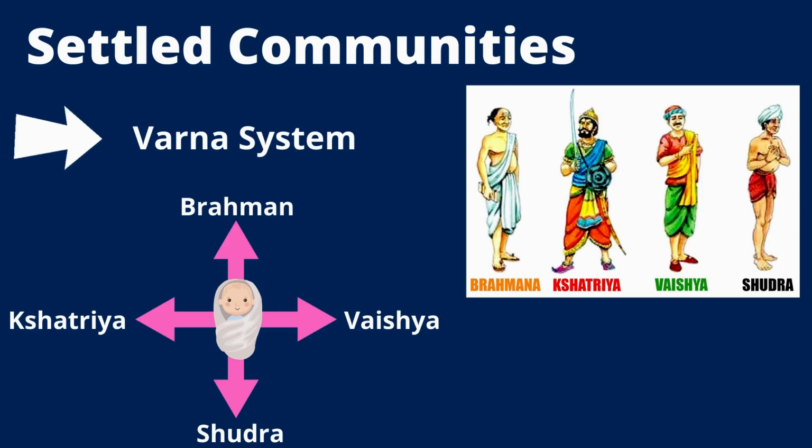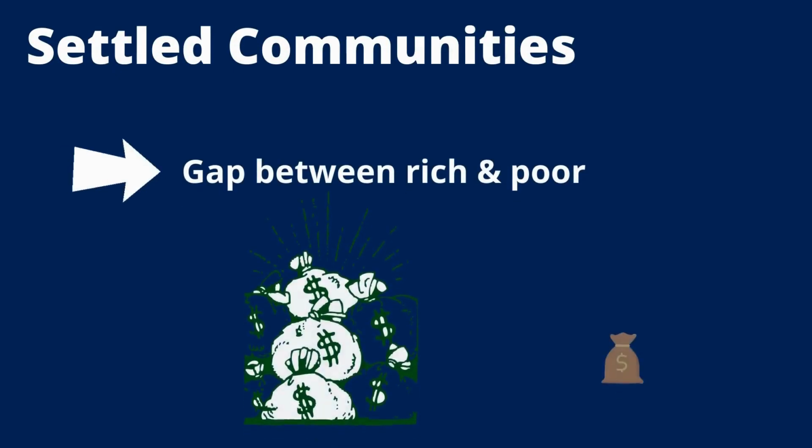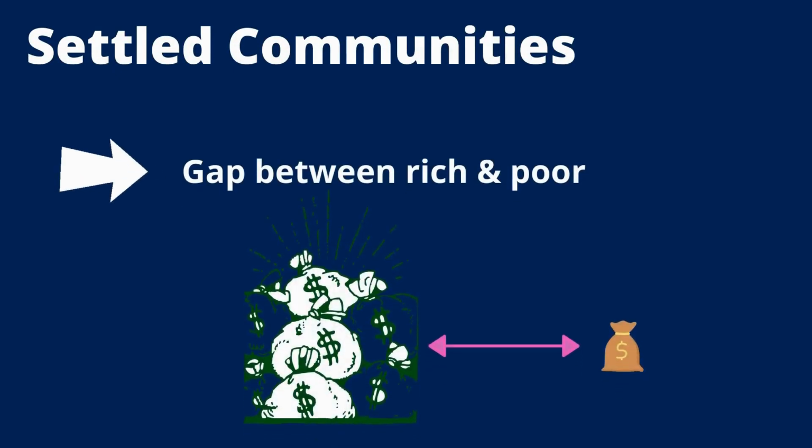And on the left you can see a small child with 4 arrows. The Brahmins are the ones that decide at the birth of the child which class or caste this child must belong to. Well, we can learn about another very important feature about settled communities or caste-based societies.